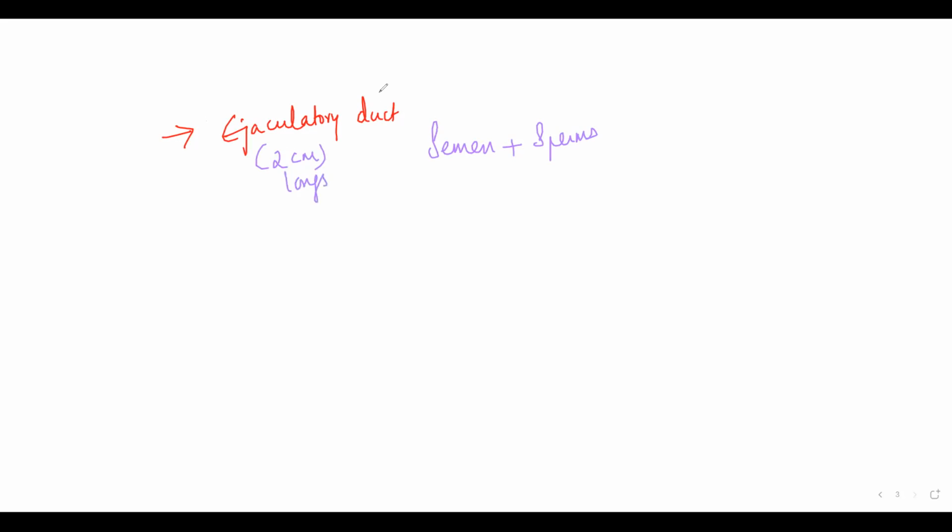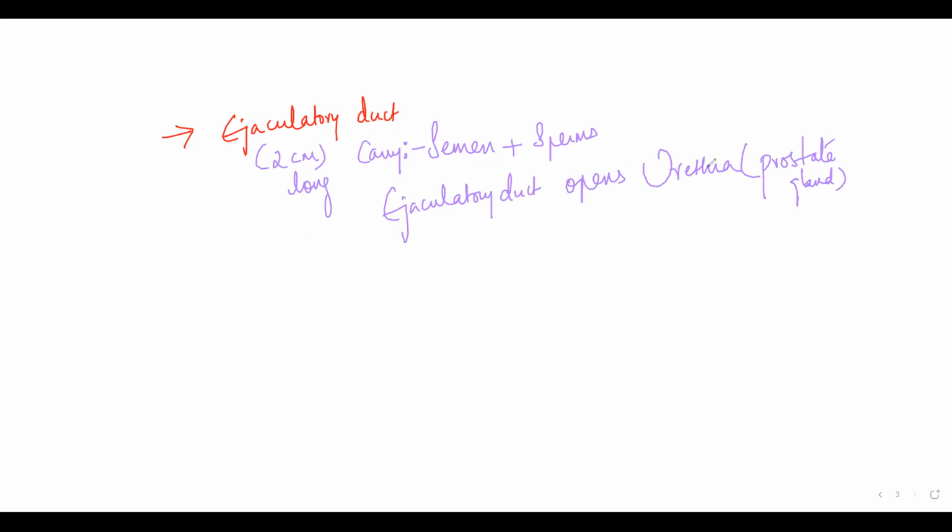Next, the ejaculatory duct opens into, as you have seen, the urethra. But where is this urethra? It is in the prostate area, crossing through the prostate gland. So you can call this urethra the prostatic urethra.